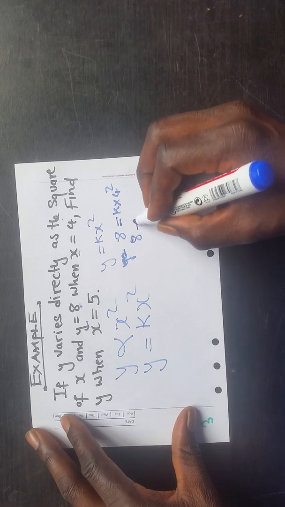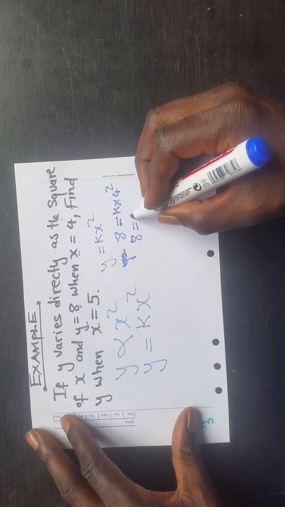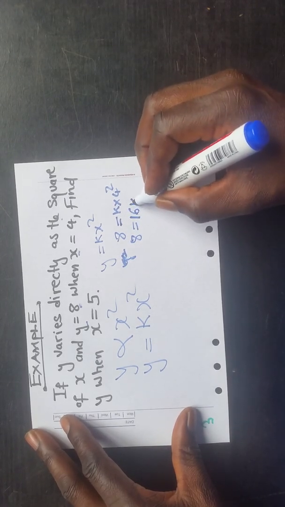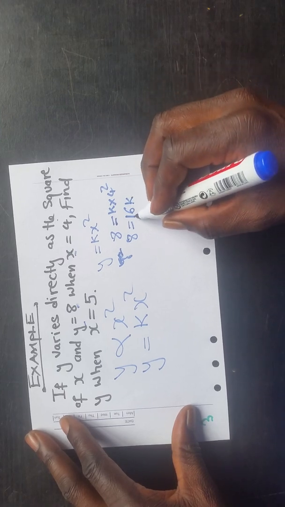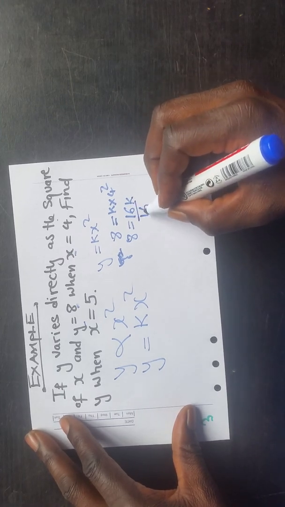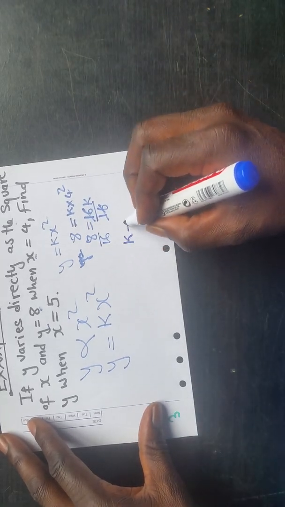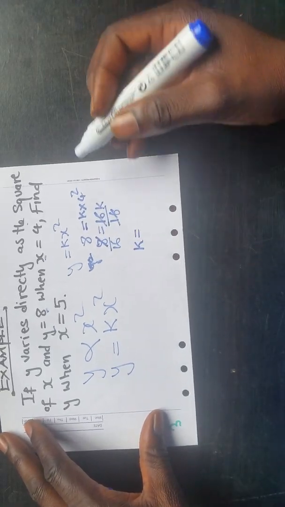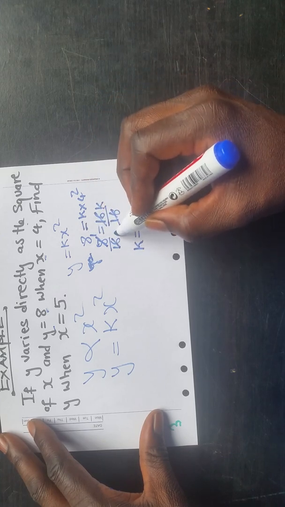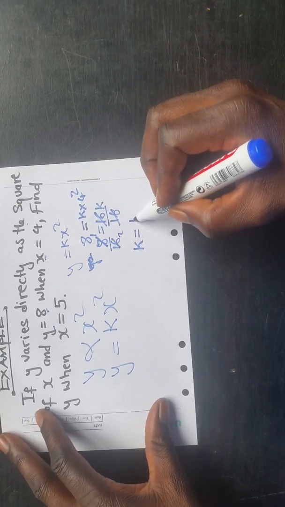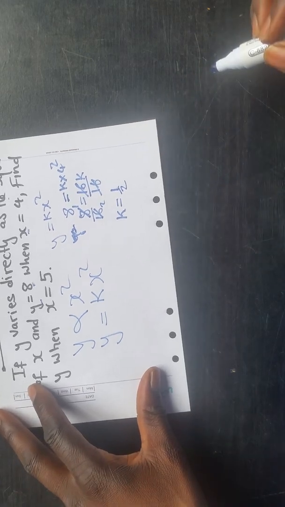So we have 8 is equal to 16k. Divide both sides by 16. The value of k is 8 over 16, which gives us a half. So the value of k is a half.